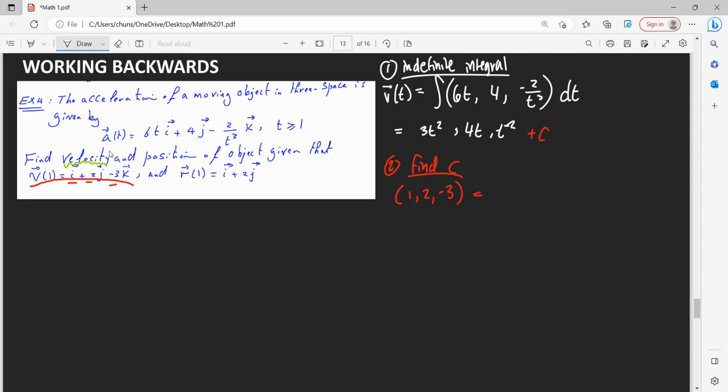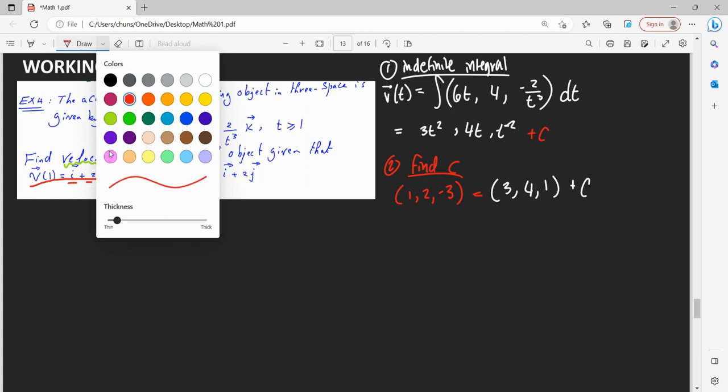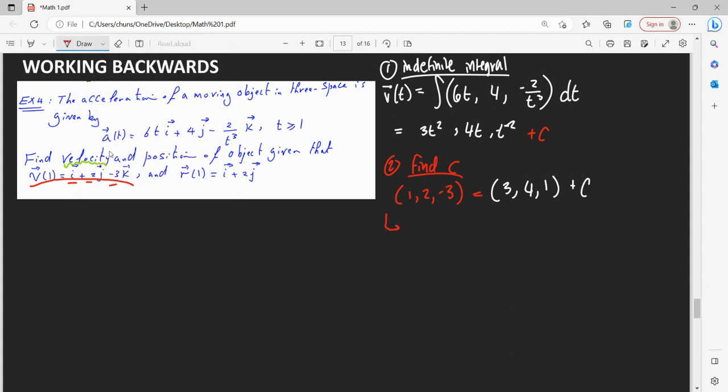And knowing that t is 1, let's plug that in. So then that gives us 3, 4, 1 plus c. And we are going to find what c is. So let's do 1 minus 3, negative 2, 2 minus 4, negative 2, and negative 3 minus 1, negative 4.